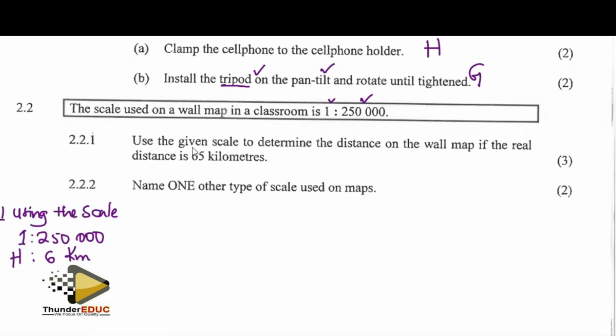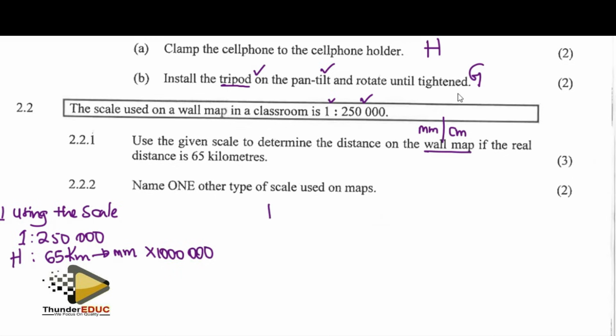The question says we need to change the 65 kilometers to measurements on the wall map. But the measurements here are either millimeters or centimeters, so we shall have to change the kilometers. Let me change them to millimeters. To change kilometers to millimeters, I need to multiply by 1,000,000.